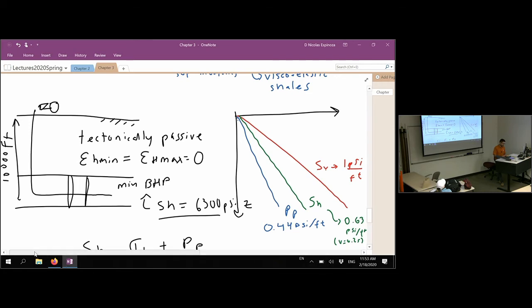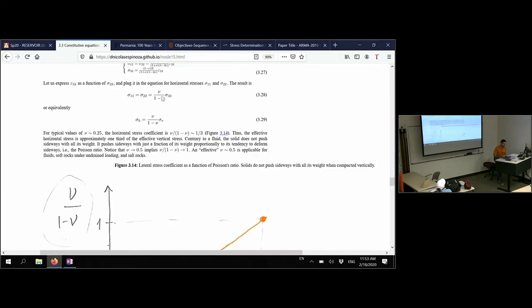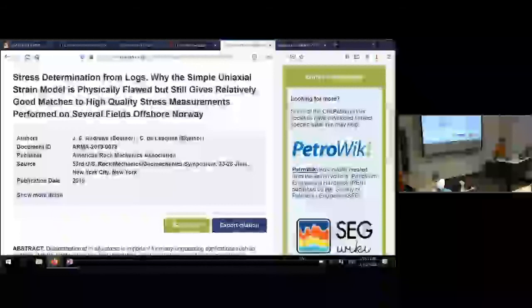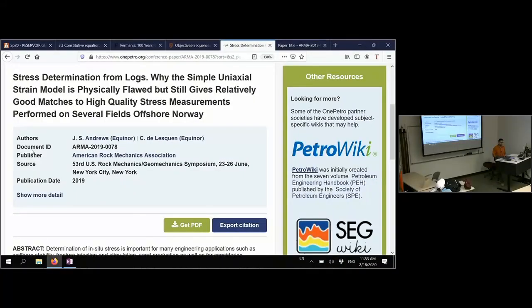And for example, here, I have an example of a paper. This is what we're doing right now: stress determination from logs, using linear elasticity and using the simple uniaxial strain model. The physics makes sense, but it doesn't mean that that's exactly what is going on in the subsurface.